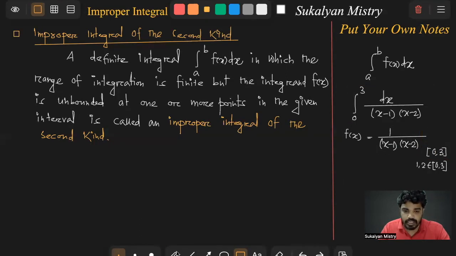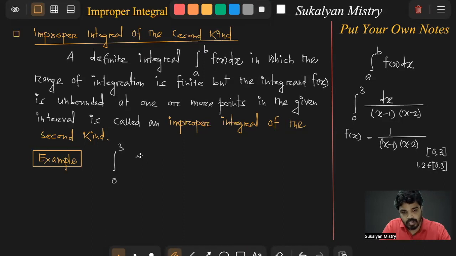Write down this example: integration 0 to 3 dx divided by (x minus 1) into (x minus 2).